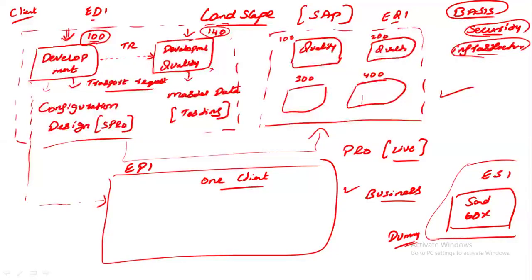That is independent for this client. If you want to move it, you should move the TR from this client to that client. That is a customized TR. And if you want to move it to quality, then the same: move from here to here, again from here to here. So the TR movement should always happen from the 100 client to the other client or any system.